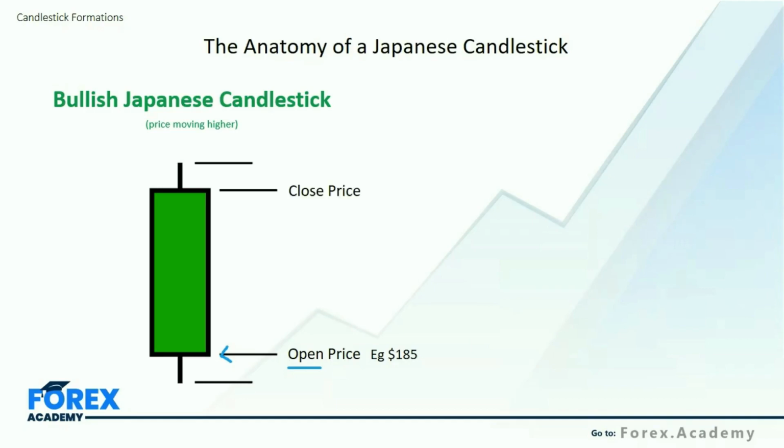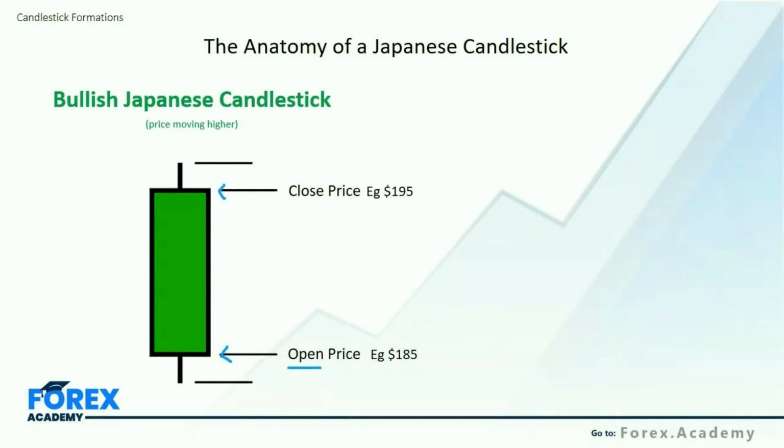Now let's look at another very important part of the anatomy of a Japanese candlestick, which is referred to as the close price. Now we're talking about the top edge of a particular candlestick. The fact that it's green in color means it's bullish. Each and every candlestick has an open price, but also a closing price.